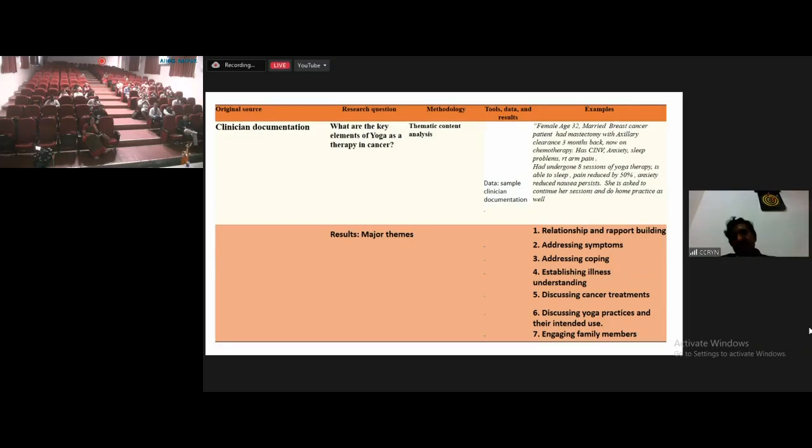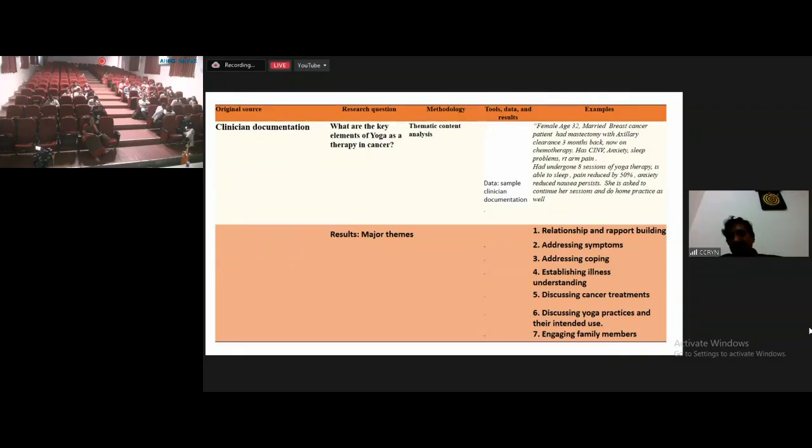So here, it tells you a lot of things. Patient is already doing yoga here. Patient has already got relief from yoga here. Some symptoms still persist, which are not amenable to a yoga intervention; only she will require more number of classes. So it tells you how much duration of yoga intervention is useful to impact these kind of symptoms. It tells you various aspects of how you can address these symptoms, how you can address coping here, how you can establish illness understanding in these patients.